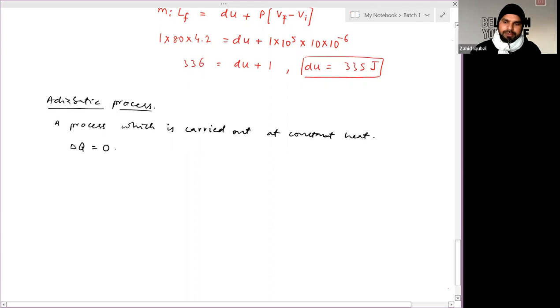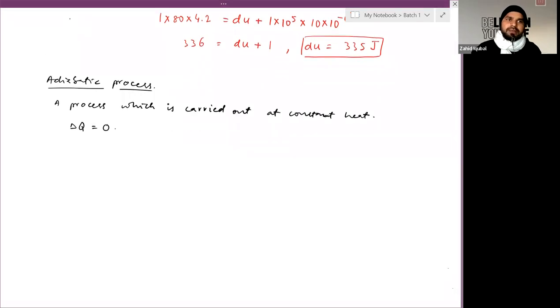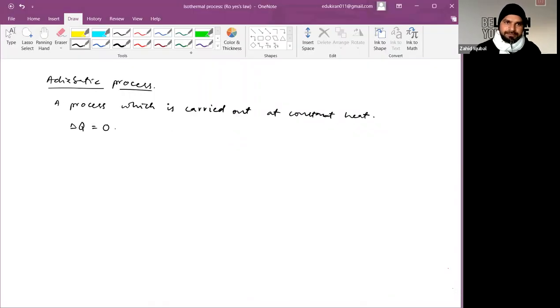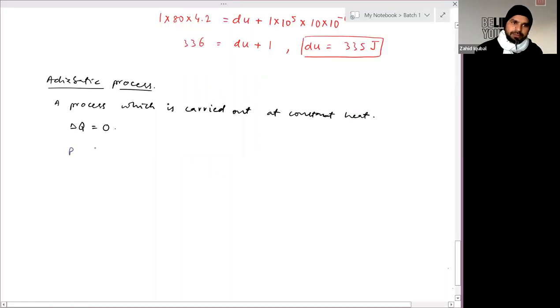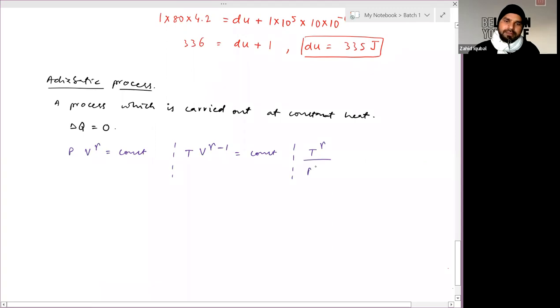So for adiabatic process, we may define equation of state first as P V to the power gamma equals to constant. In terms of temperature and volume, it will be T V to the power gamma minus 1 equals to constant. And in terms of pressure and temperature, it will be T to the power gamma divided by P to the power gamma minus 1 equals to constant.